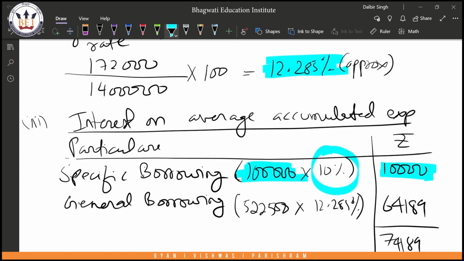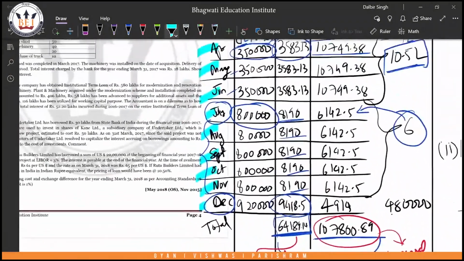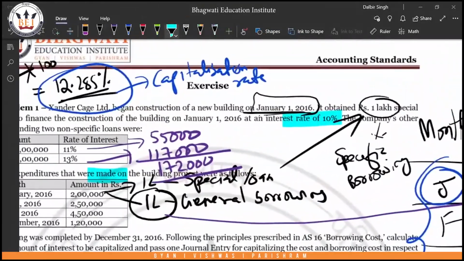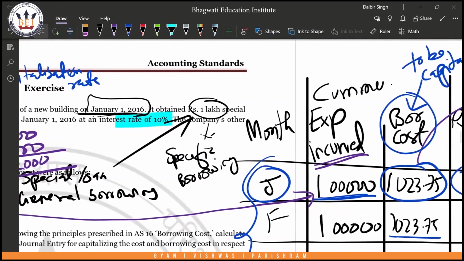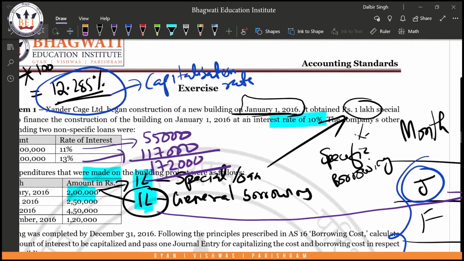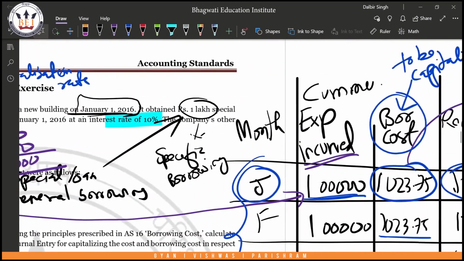Now, as I said, in the question this 2 lakhs has two components. One is the special loan, the other is the general loan. When we did the computation here, we did it using 1 lakh.